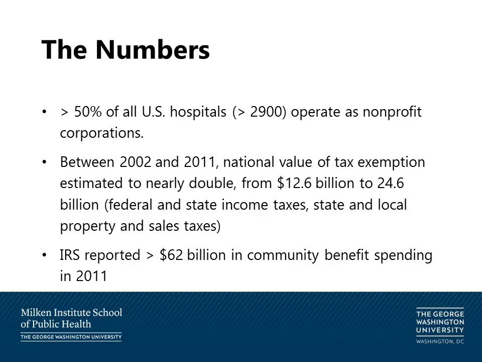And as Trish mentioned, the IRS reported that the hospitals themselves have reported that they've been spending $62 billion in community benefit spending in 2011. So that's a one-year number. The point of including this slide and referencing these numbers is to show you the scale and magnitude of the dollars that are spent in community benefit.